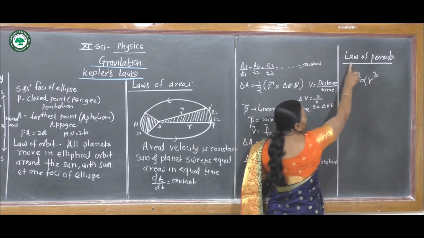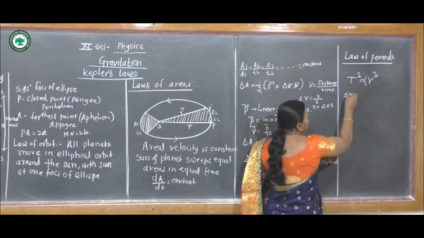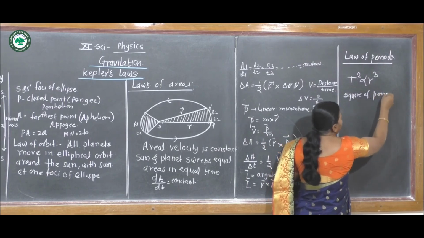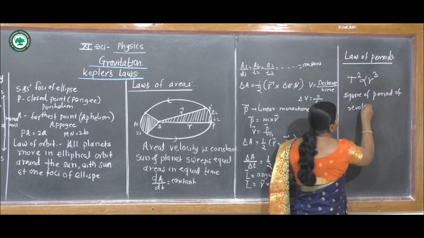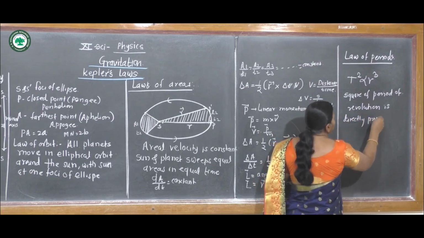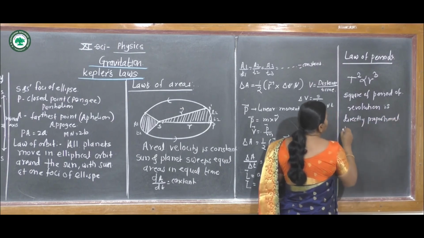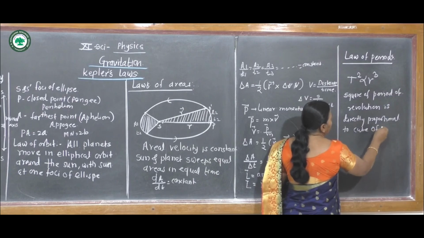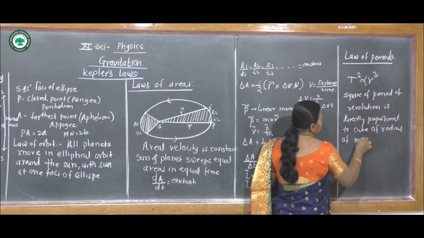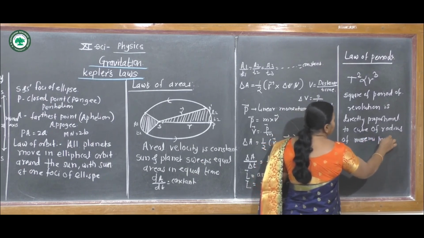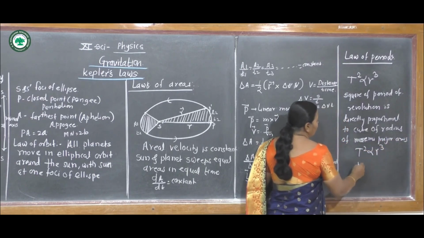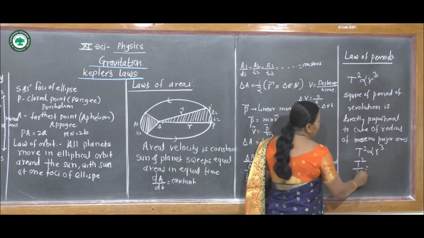That is, we can state the law of periods: the square of the period of revolution is directly proportional to the cube of the radius of the semi-major axis, that is T square is directly proportional to r cube, that is T square divided by r cube is constant.